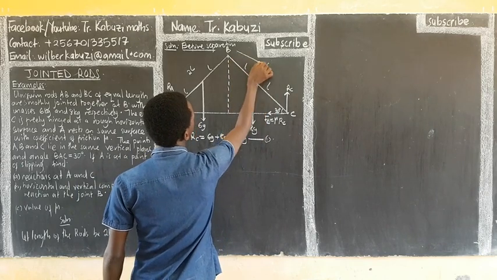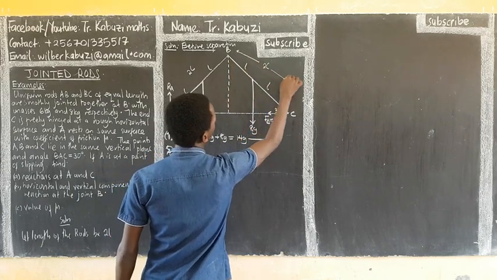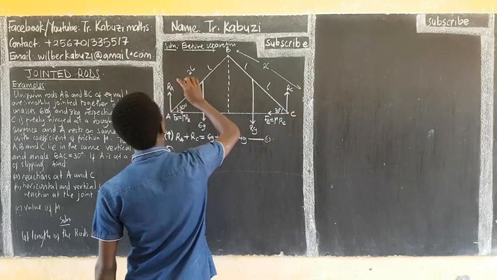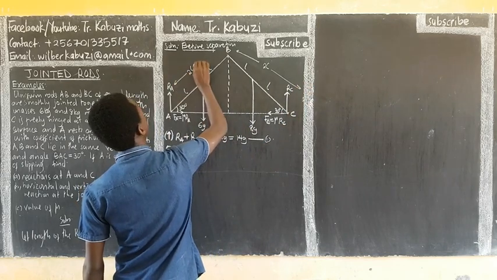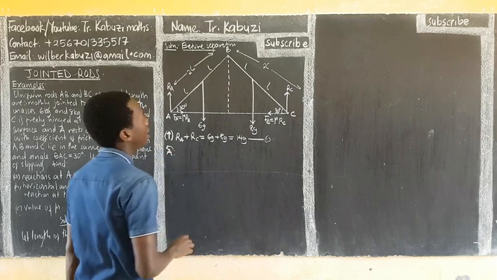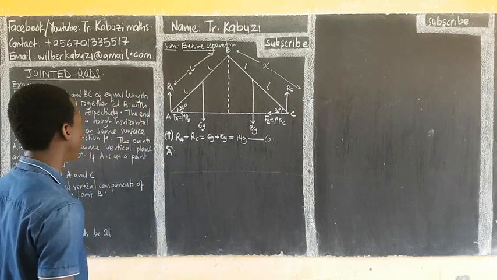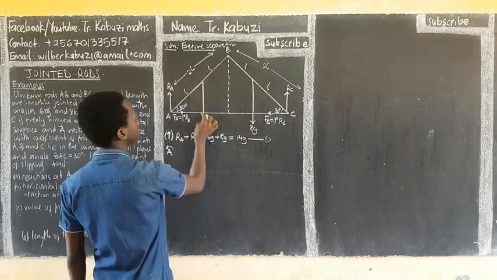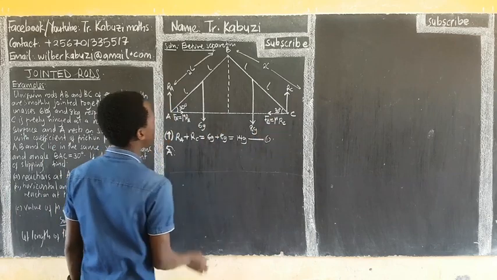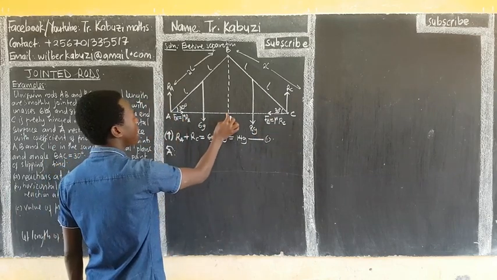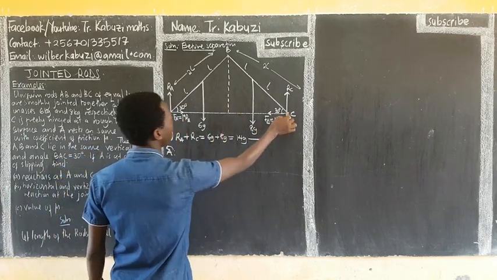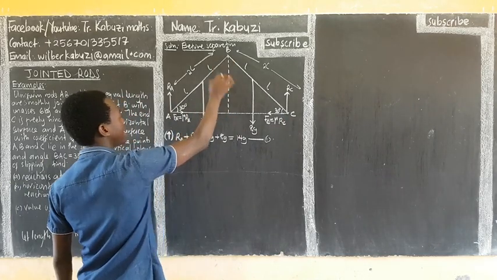Remember, I want this distance from here up to here. It is going to be the same distance from here up to here. So I start by getting this.